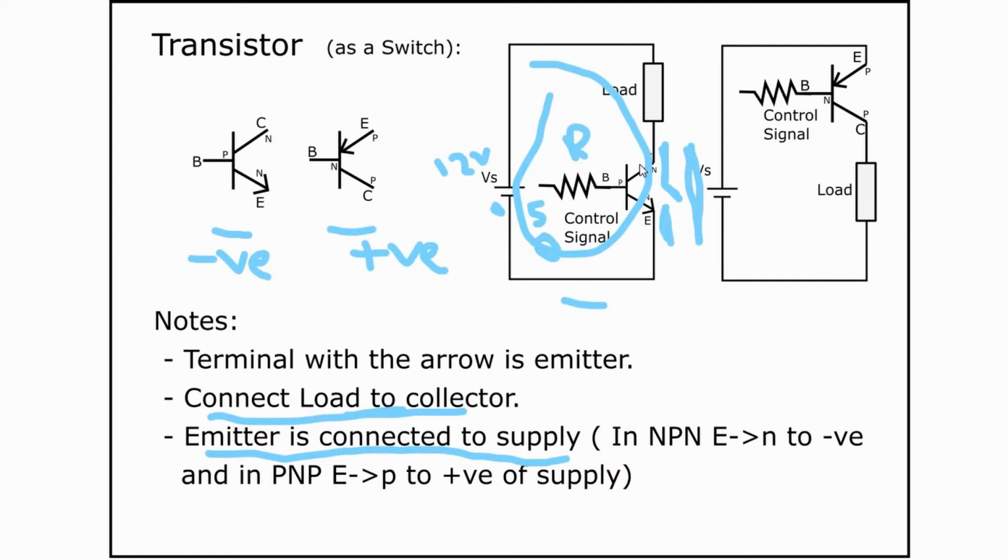Now the circuit is broken. So giving 5 volts turns on the switch, giving 0 volts turns off the switch. It is not just 5 volts, it is anything greater than the base emitter threshold voltage, which for silicon is generally around 0.7 volts. So if you give a voltage higher than 0.7 volts, the base emitter junction will be forward biased and the transistor will turn on.